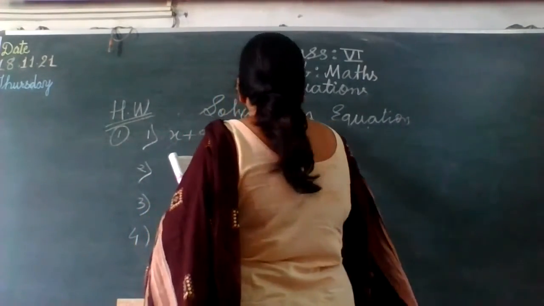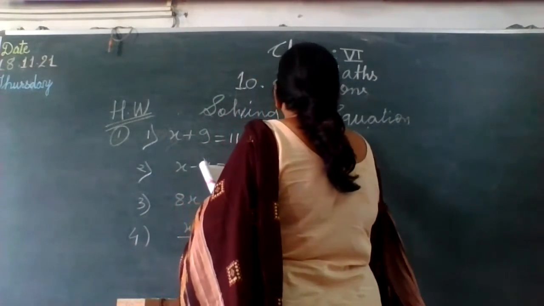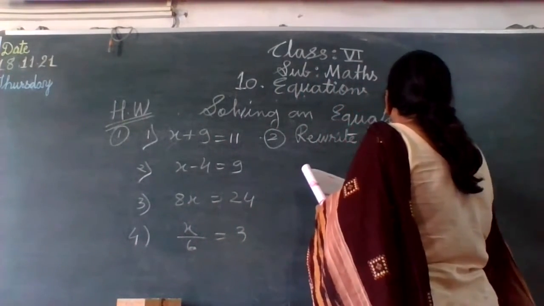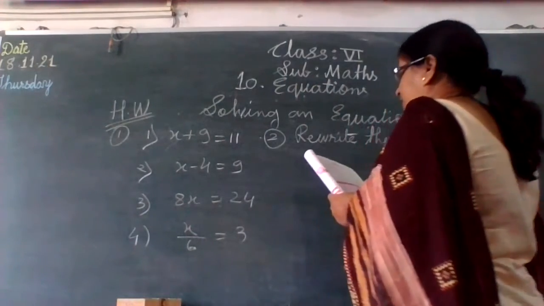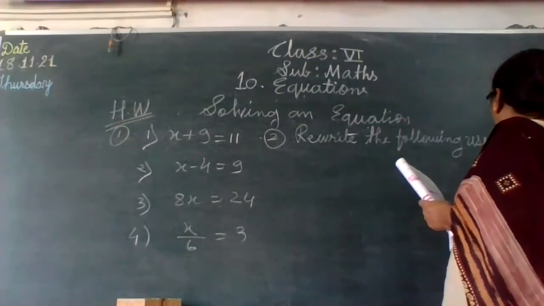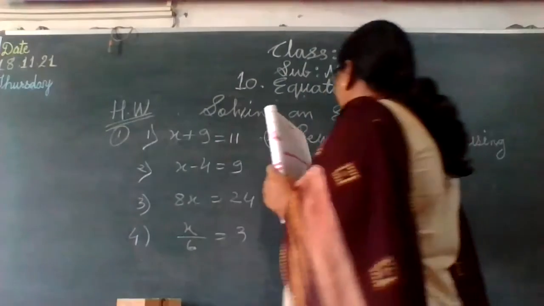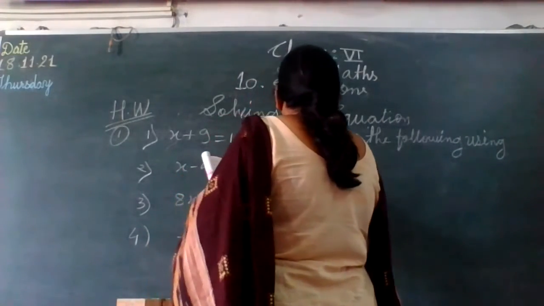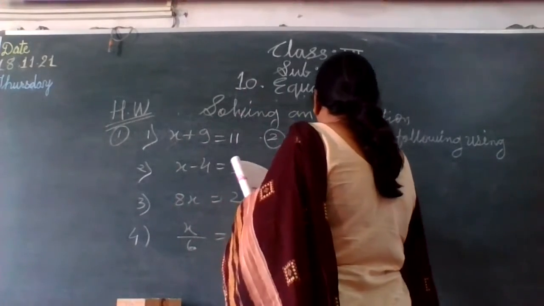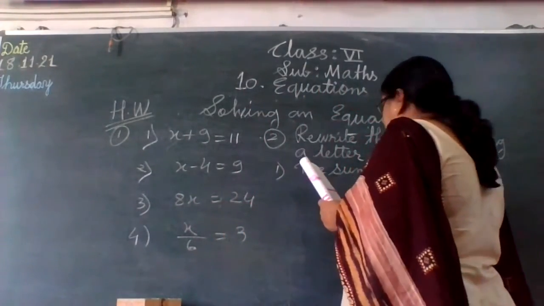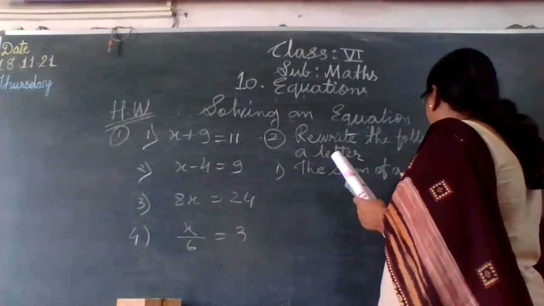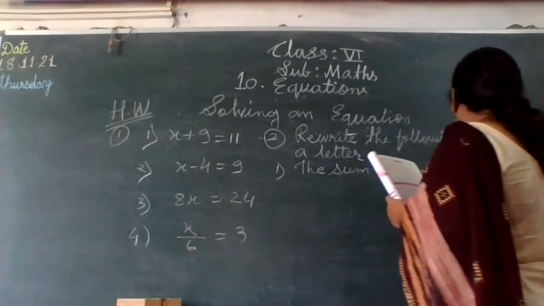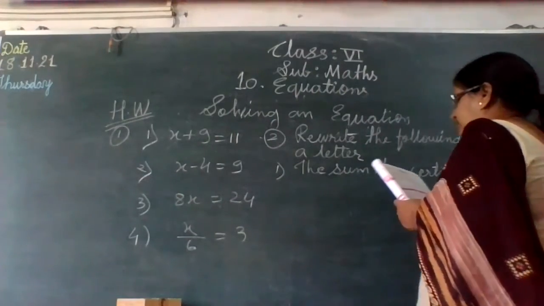Rewrite the following using letters. Another question is, rewrite the following using a letter. The sum of a certain number and 3.